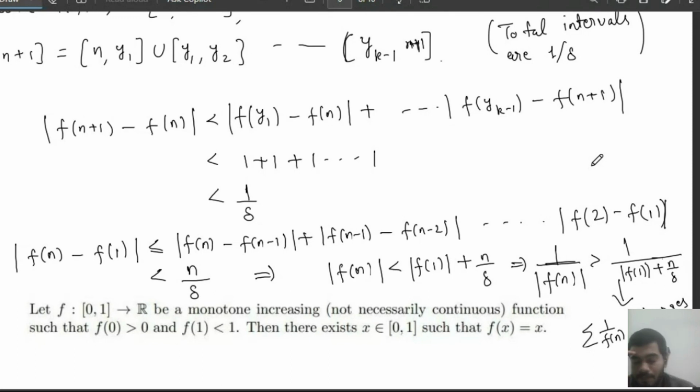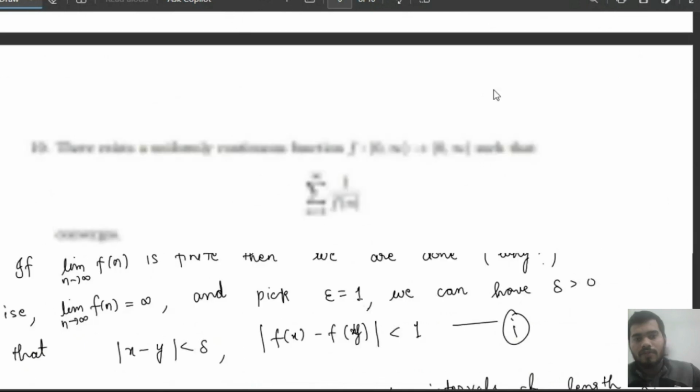First, does anybody have doubt that the summation of 1 over n diverges? If anybody does, I can prove it, or should I move on? No doubt, sir. Very nice. Okay, so this statement is actually false.